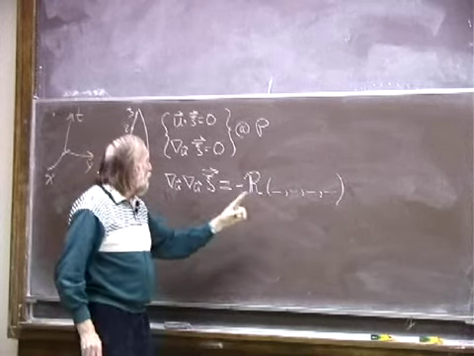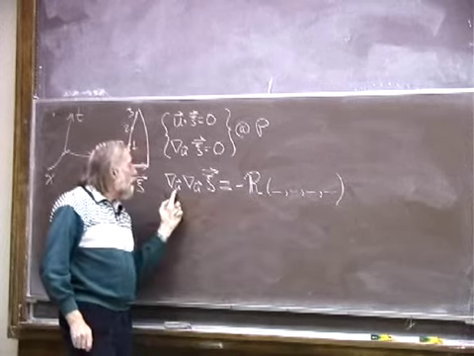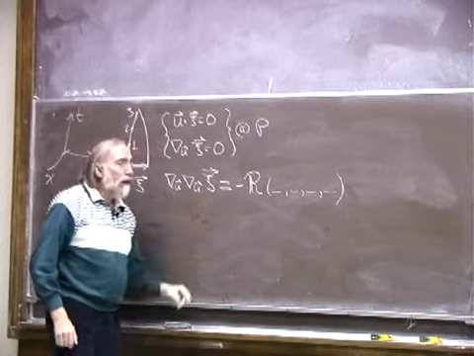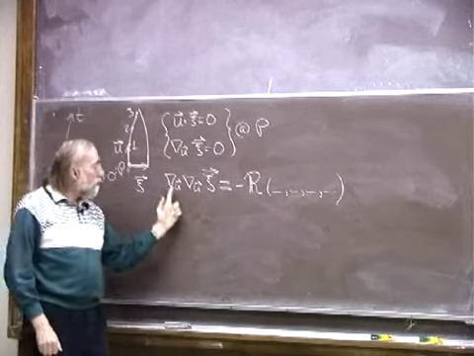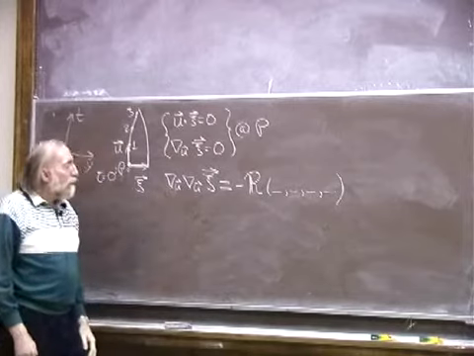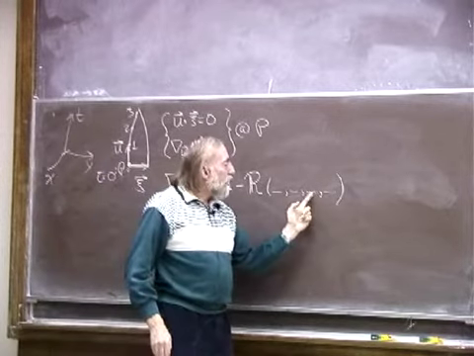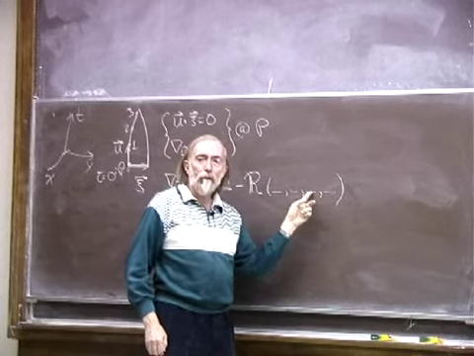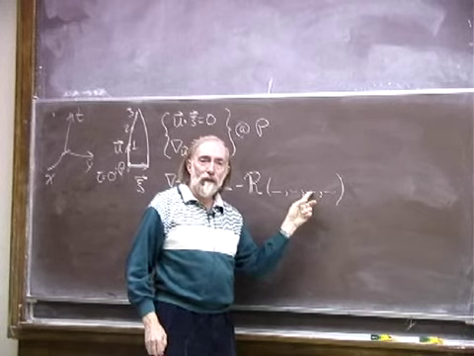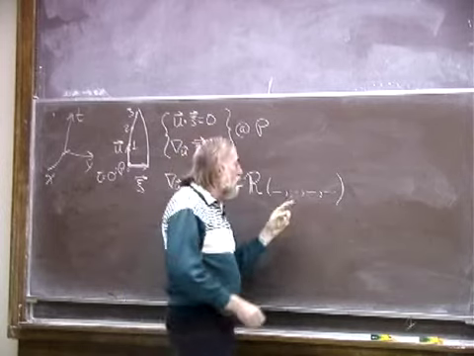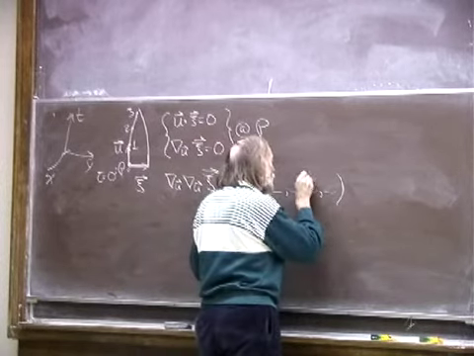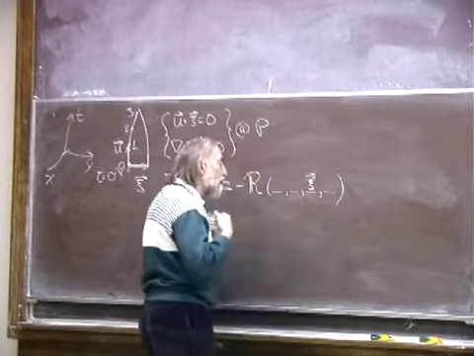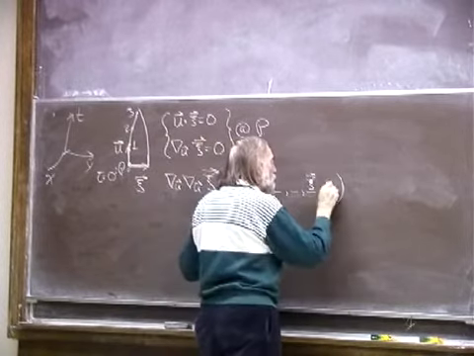And I'm going to wind up sticking a u and a xc into the other three slots because I have three vectors over here, a u, and a xc. I better not stick the two u's into those slots because this is anti-symmetric in the last two slots, and I would get 0 if I stick the same vector into those two slots. So one of these slots had better get xc, and by convention, at least the convention that I use, it's that slot, and the u's go here.